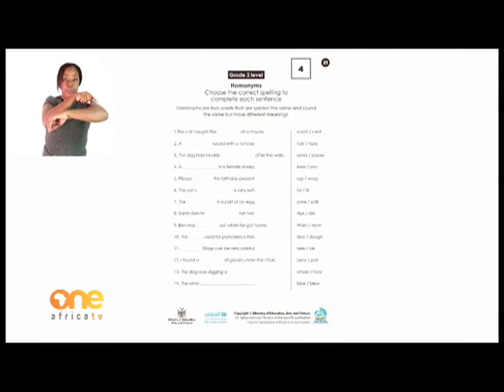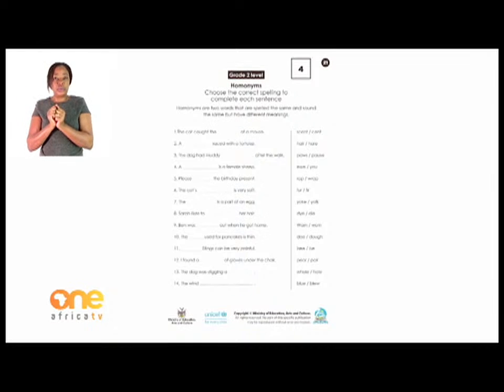So you read the sentence first. After reading the sentence, that is when you can find out which homonym will suit. Number 1. The cat caught the blank of a mouse. The two possible answers are both read as scent.